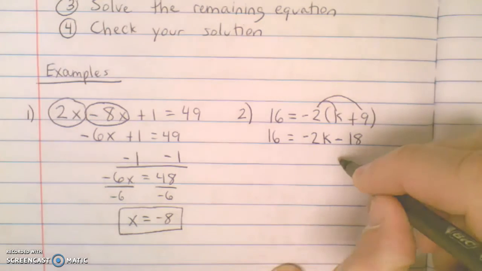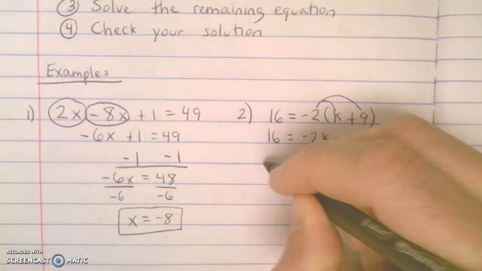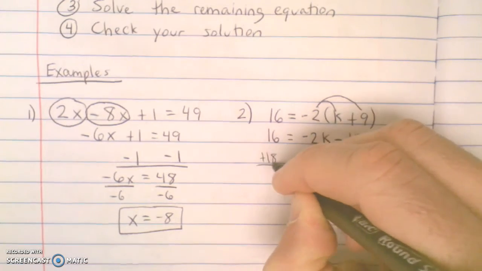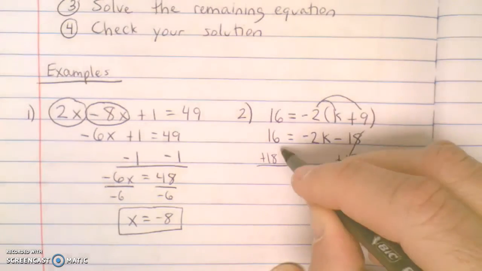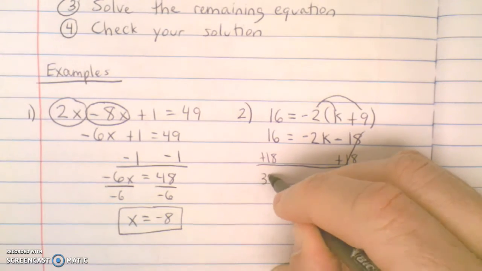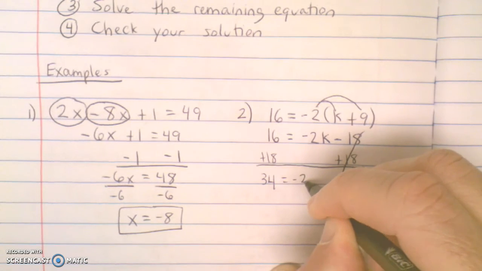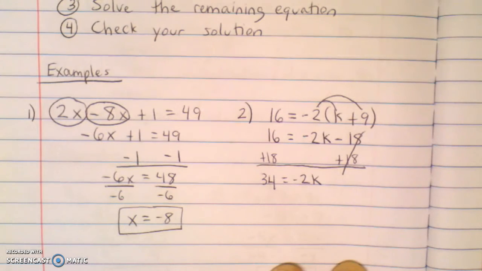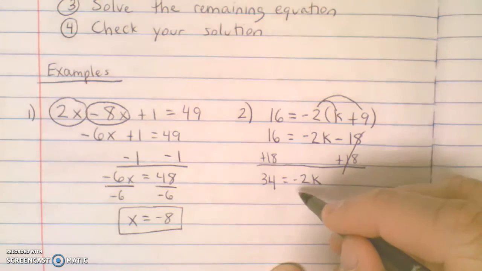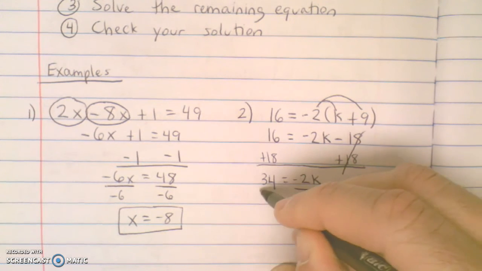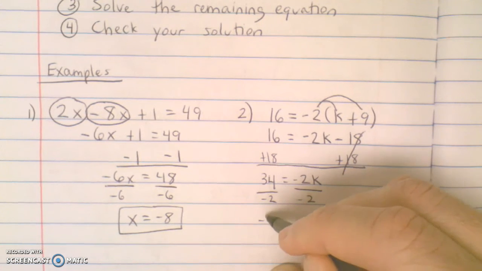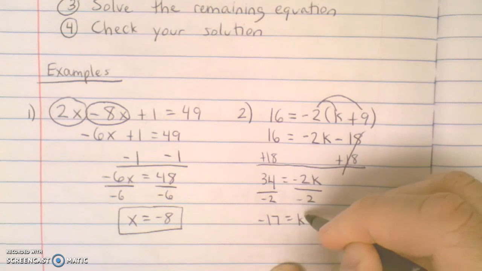So now I can undo this. I'm going to add 18 to both sides because I want to get the k by itself. So that's going to give me 34 equals -2k. And now I divide by -2 and get -17 equals k.